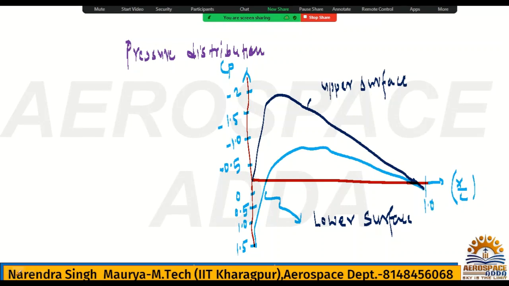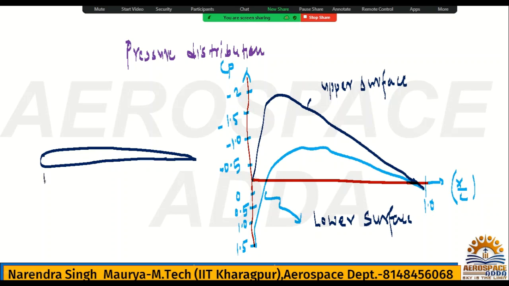It's very simple, you just need to concentrate. This length is nothing but the chord length. X is the fraction of length from the leading edge to the trailing edge. This is the leading edge. This is what? Trailing edge. Yes or no?